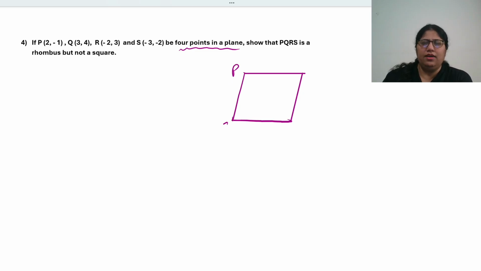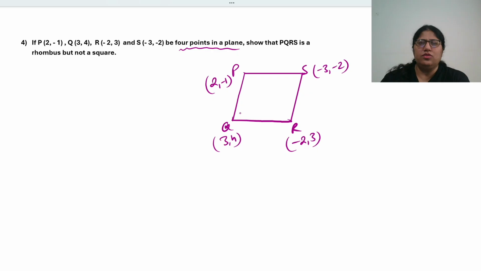So let us take PQRS, right? Now the four coordinates are given: P is (2, -1), Q is (3, 4), R is (-2, 3), and S is (-3, -2). Then you are going to find the lengths of the diagonals also. What are the diagonals here? QS is one diagonal and the other diagonal is PR, right?